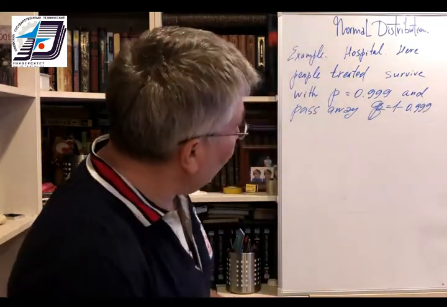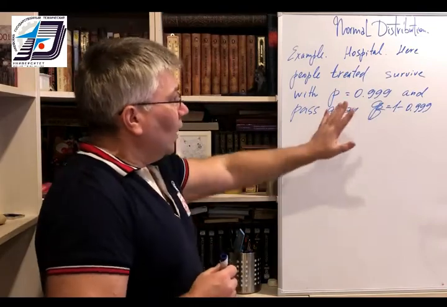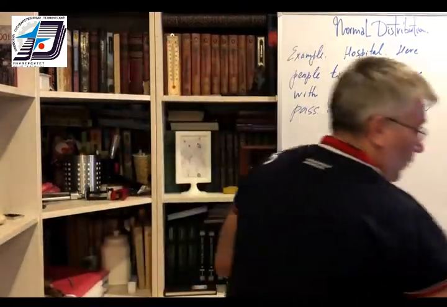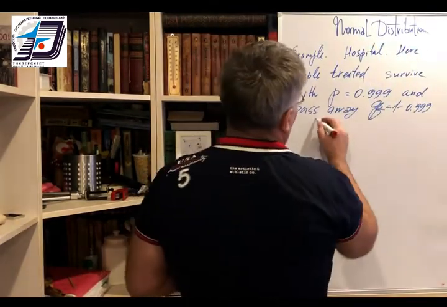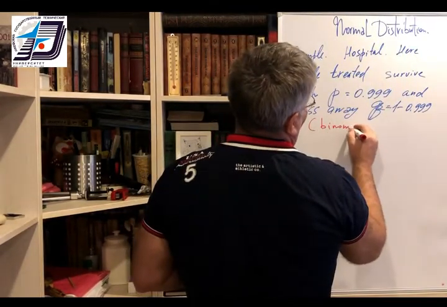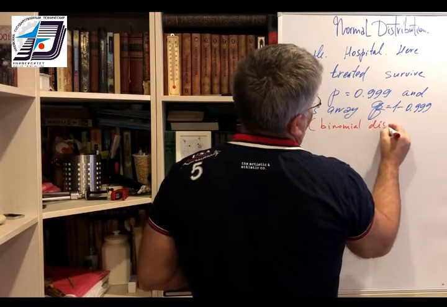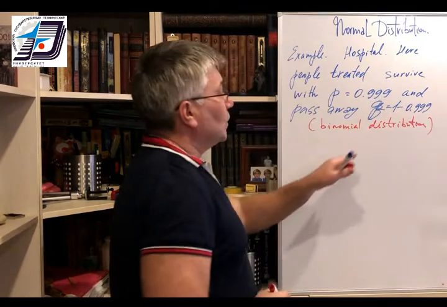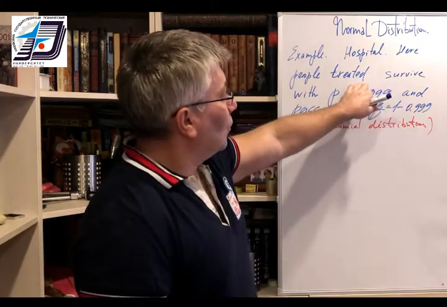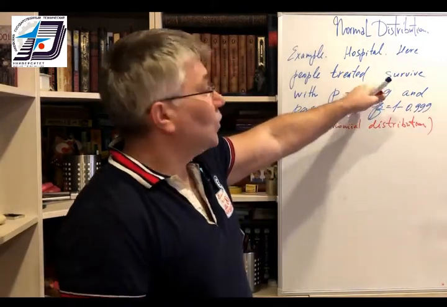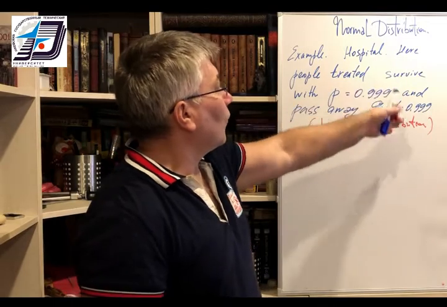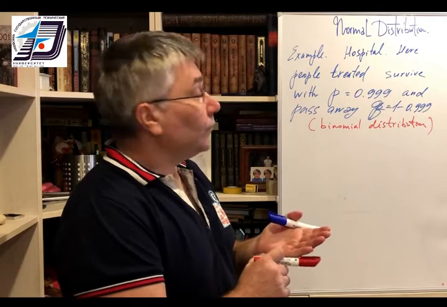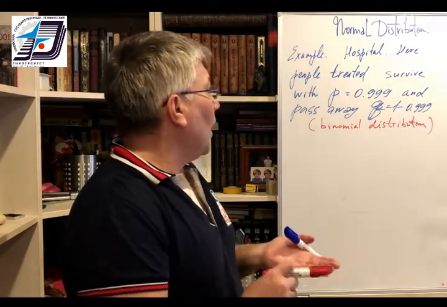And I want to define, so this is a very classical binomial distribution, because we have just two outcomes. People can survive or pass away, or maybe a little outcome here.